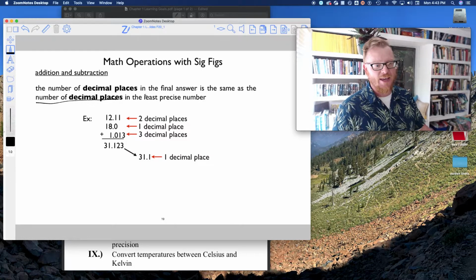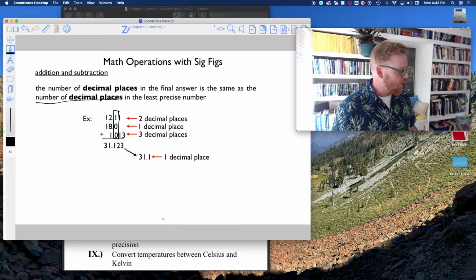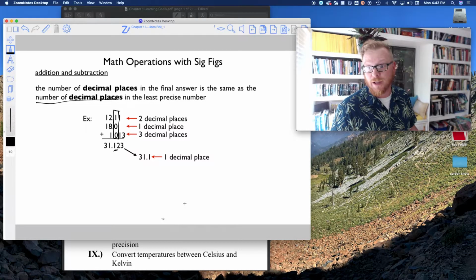So the key here is to line these up, okay? And we can see what decimal place they have in common. You notice here they all have a tenths spot, but that 18.0 doesn't have a hundredths decimal place. So that means our final answer is only going to go to the tenths place, one decimal place.